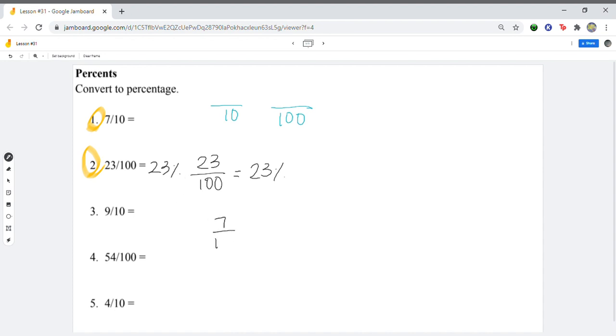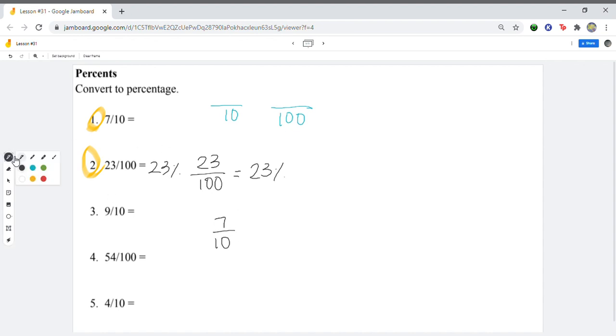So now we have 7 over 10. What I said for number 2 was that you can just take your numerator as the percent when you have your denominator as 100. So what we can do to this fraction is make the denominator into 100, which is pretty easy because we have 10 as our denominator. In order to get that into 100, you need to multiply by 10.